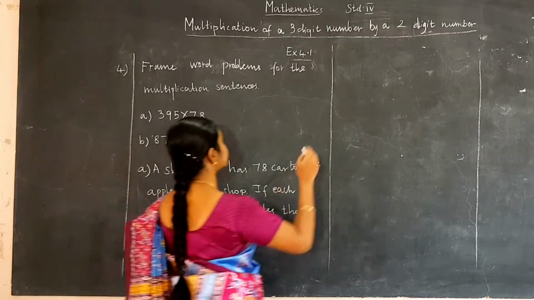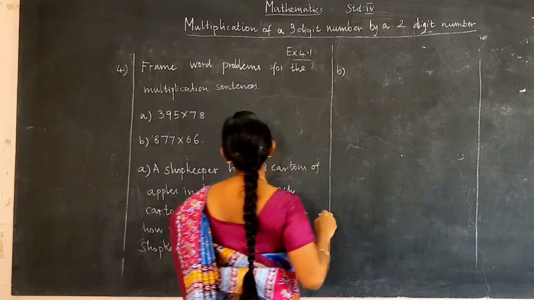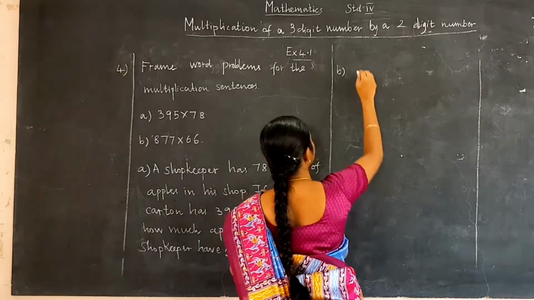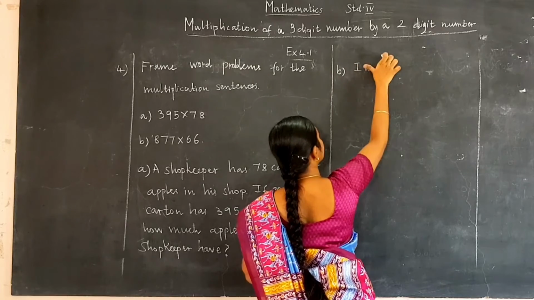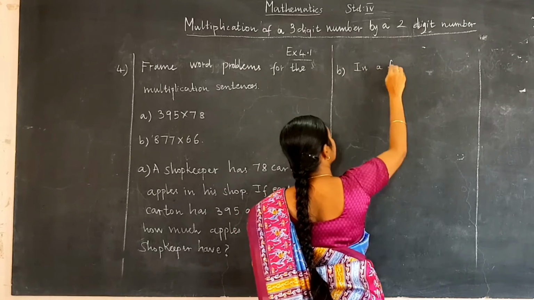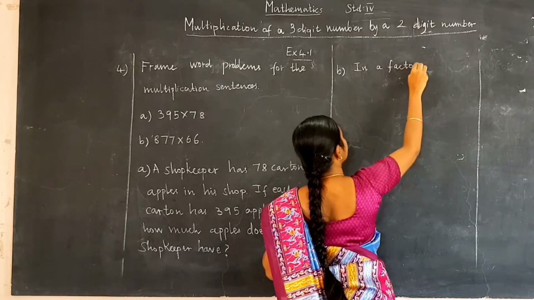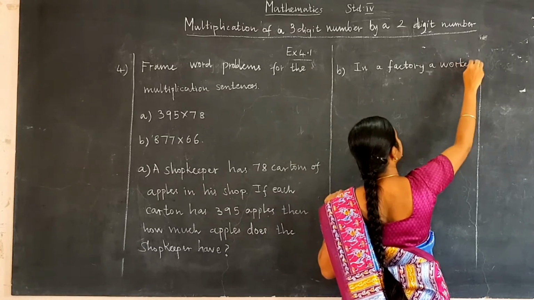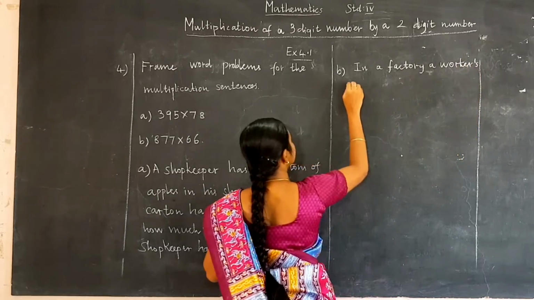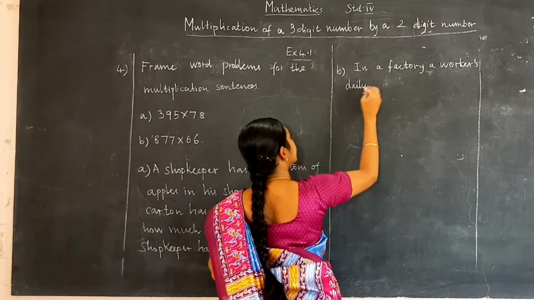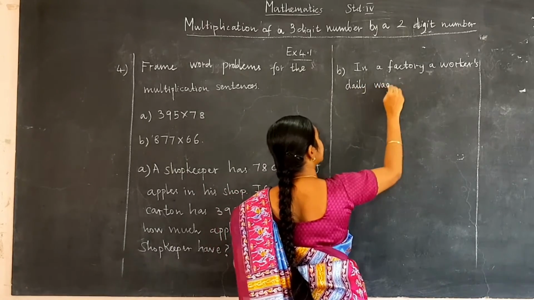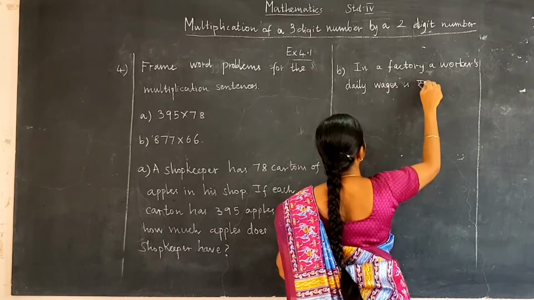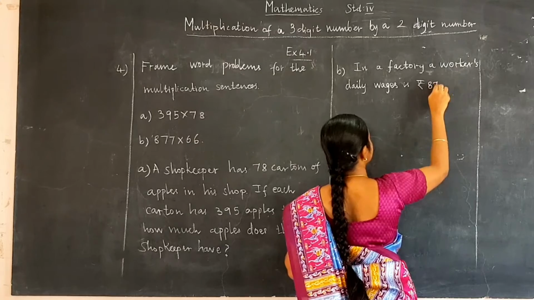Next, I am going to frame word problem for B statement. In a factory, a worker's daily wages is rupees 877.